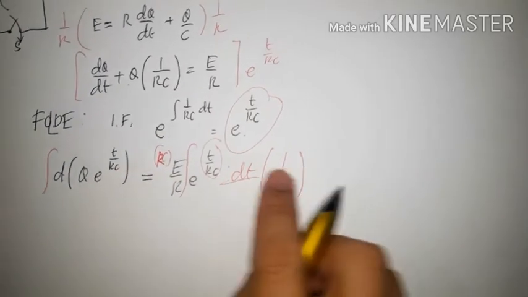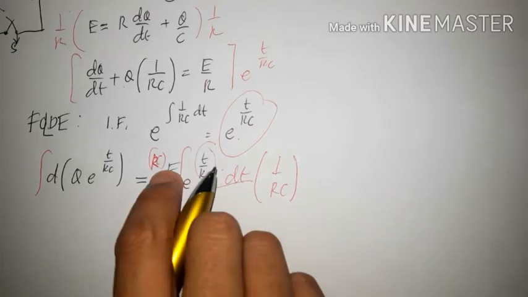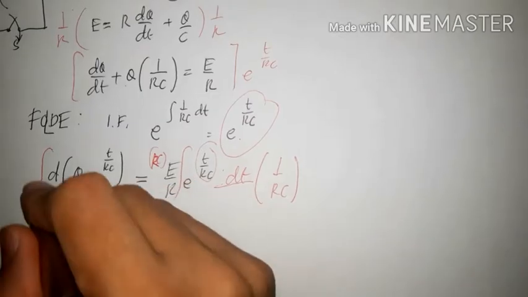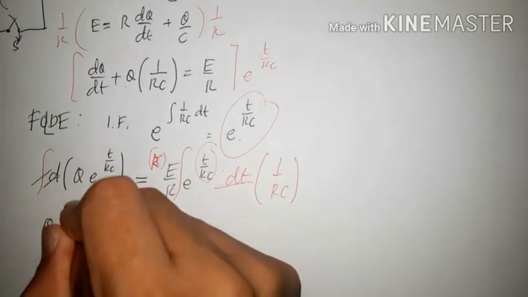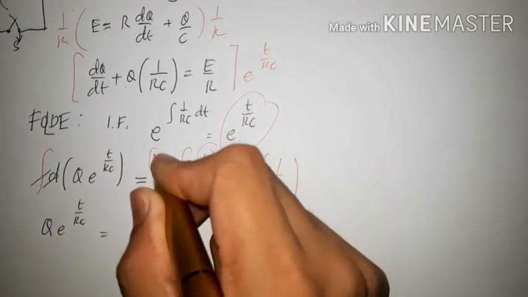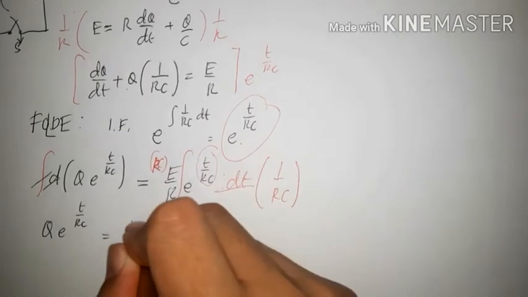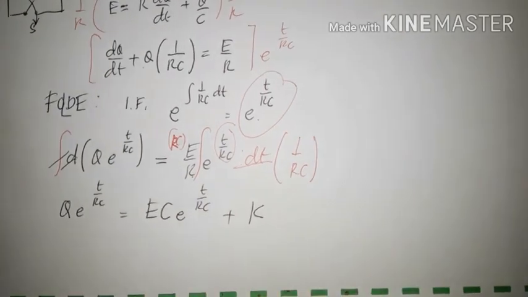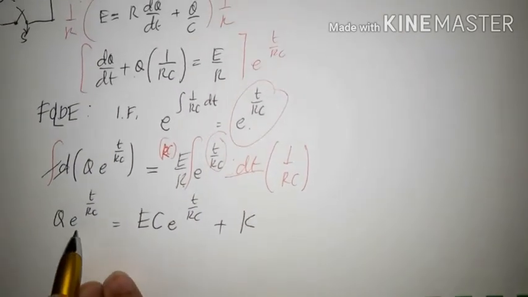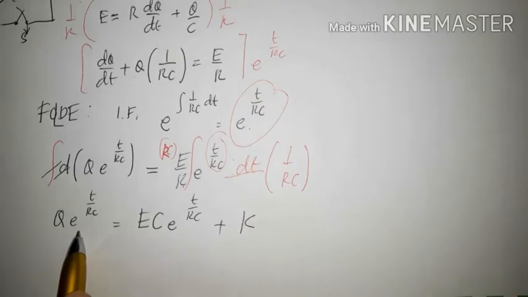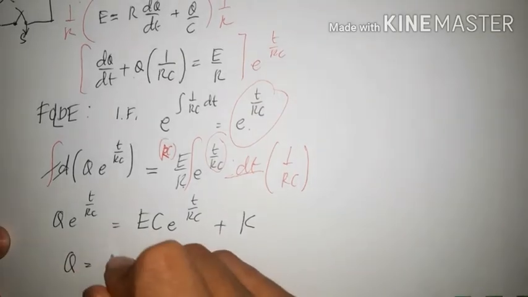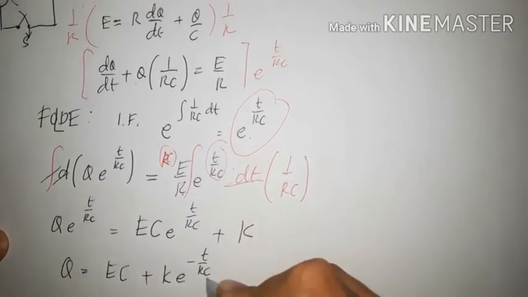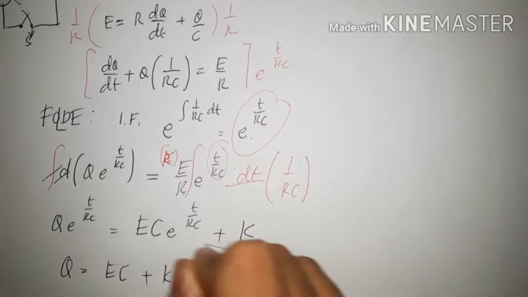So multiplying by 1 over RC and compensating by multiplying RC, this integral and derivative cancels out, gives q e to the t over RC is equal to, R cancels out, so magkakaroon tayo ng EC e to the t over RC plus constant K. So again, multiplying this all by e to the negative t over RC to cancel this out, that gives you q is equal to EC plus K e to the negative t over RC coulomb.